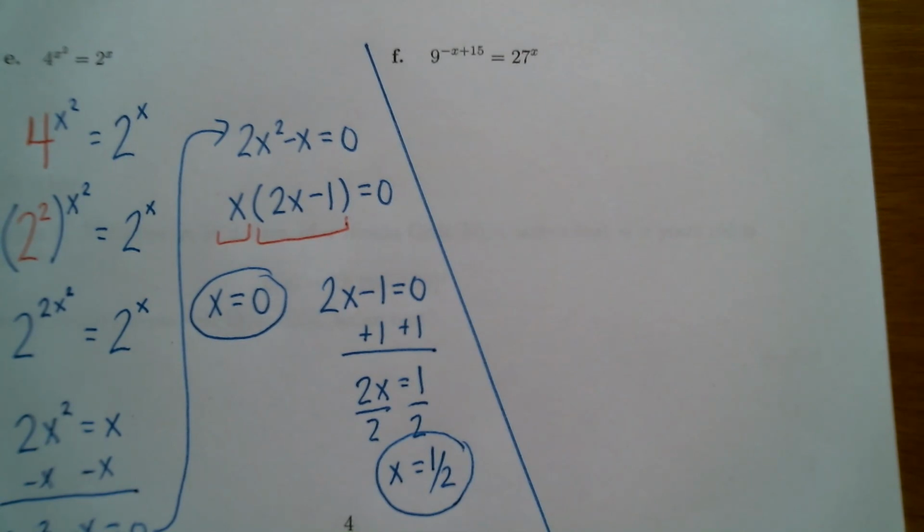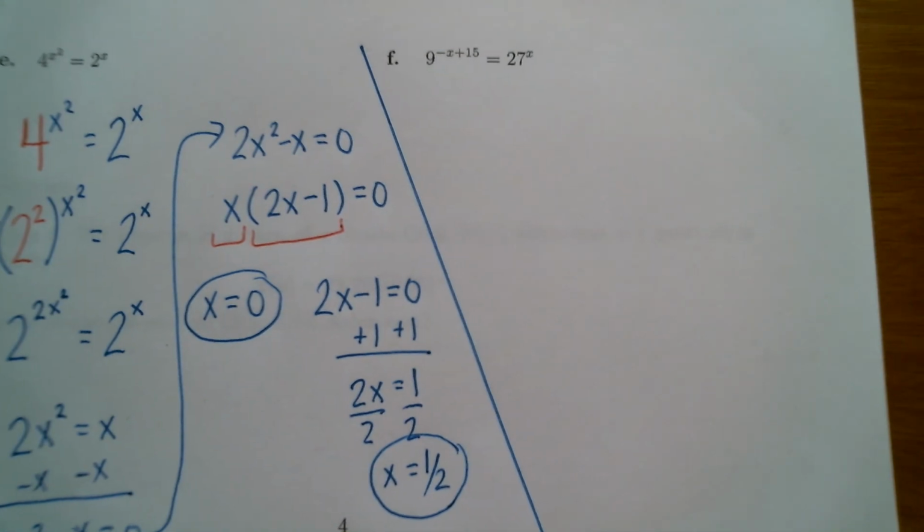You may be thinking, let's change the bigger number into the smaller number. I cannot take 9 and raise it to a power and get 27. So what you're going to have to do is change both sides. Both 9 and 27 can be written as powers of 3.